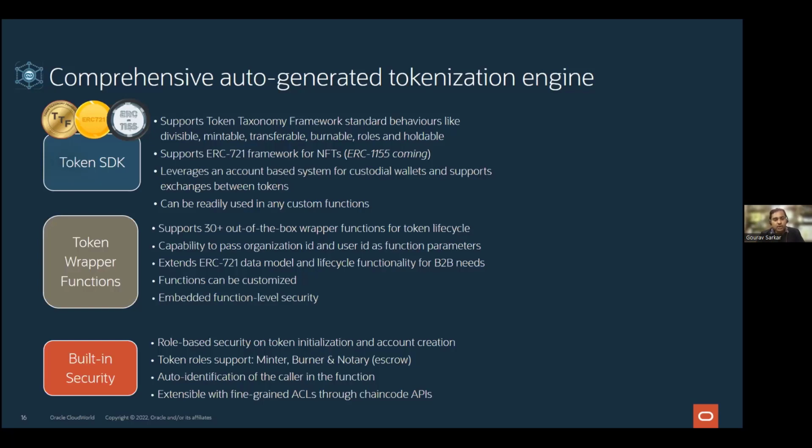And what you can do is that you can use those SDKs to develop your custom methods. You can really leverage those SDKs to build your custom method and add the different business logic. These SDKs support the ERC 721 framework as well for the NFTs. And it also supports the account-based model.